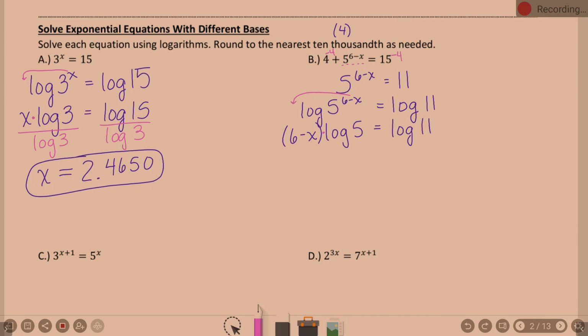I don't know what the number is. My calculator knows the number. But log 5 is a number, yes? Your other option is distribute. Take the log 5 and distribute it to the 6 and distribute it to the minus x. Okay?